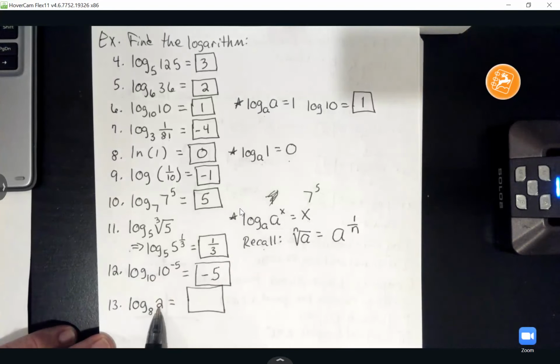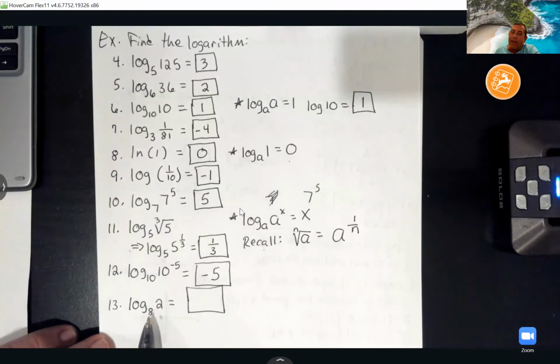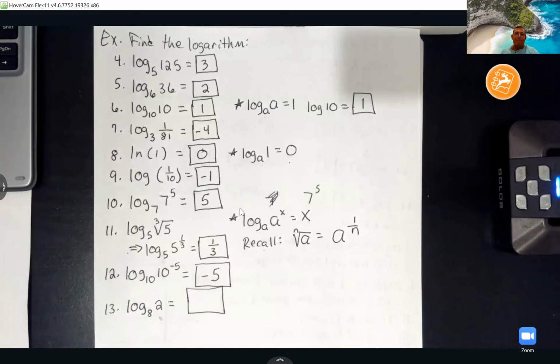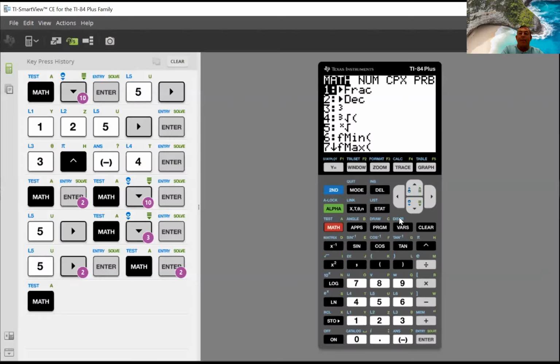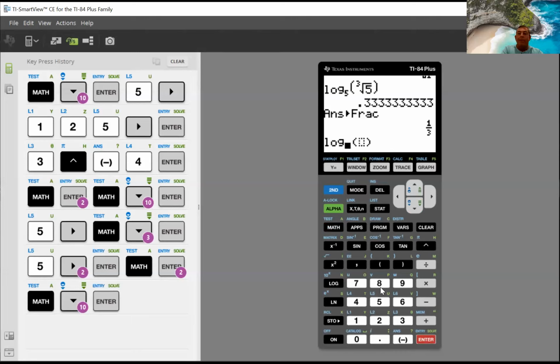Now watch this one. The result is smaller than the base. When the result is smaller than the base, you should get a fractional exponent. So let's punch that in. I'm going to go to my log base on the calculator. So math, and I'll arrow down to it. Hit enter. The base was an 8, and the result was a 2.